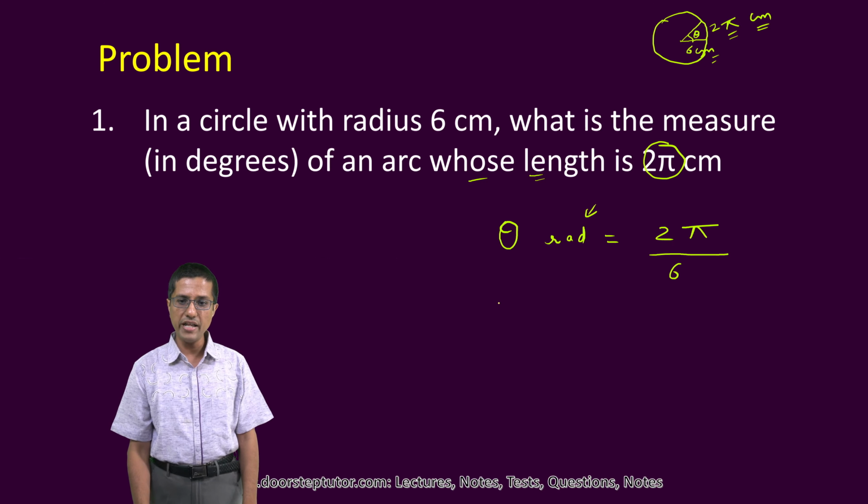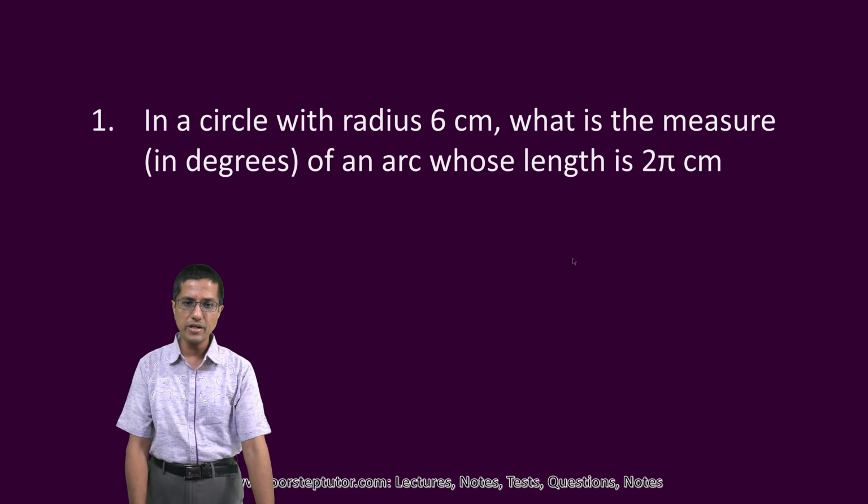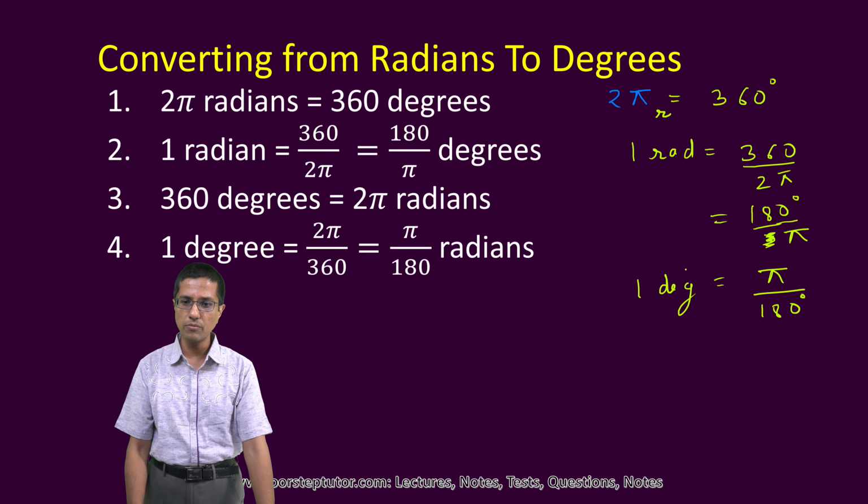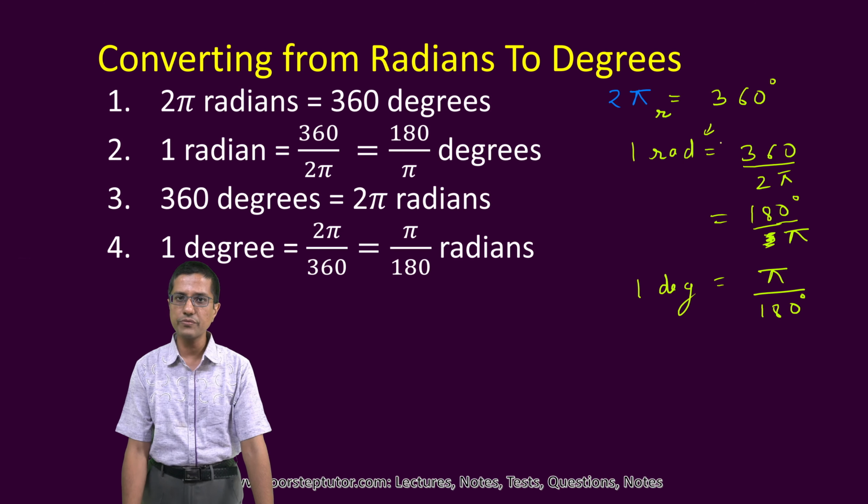Now we want to convert this radian to degrees. Either you can go straight away and use the formula that we have to convert radian to degrees. It says that 1 radian is equal to 180 by pi.